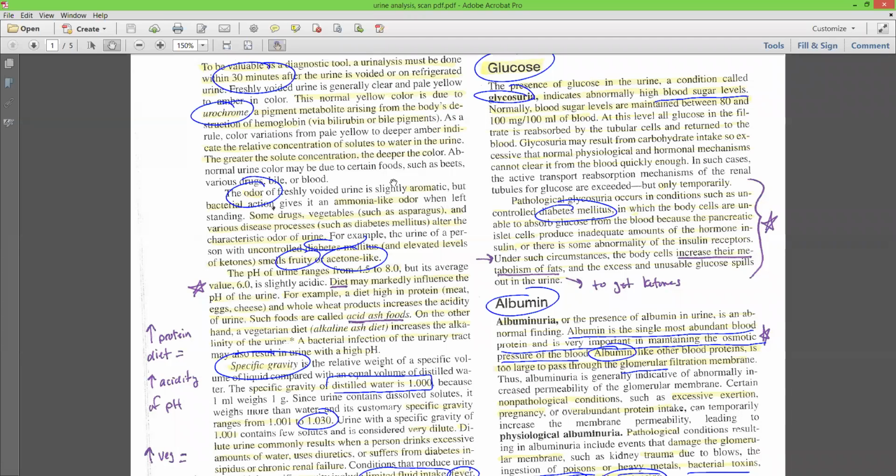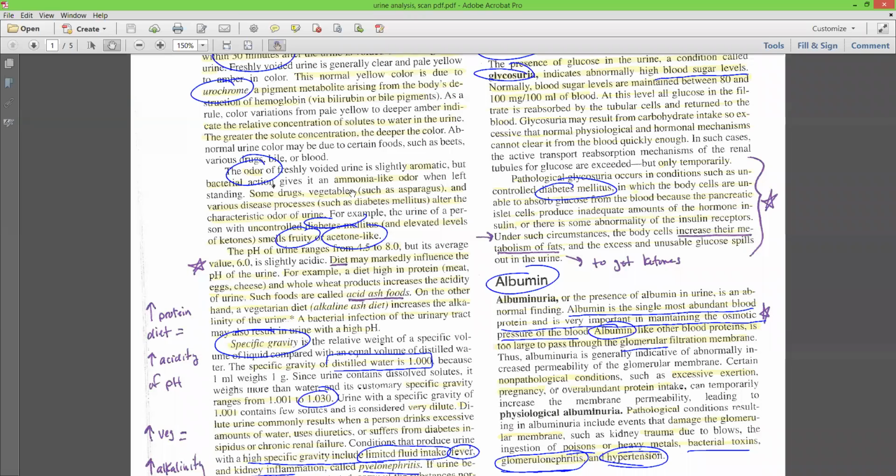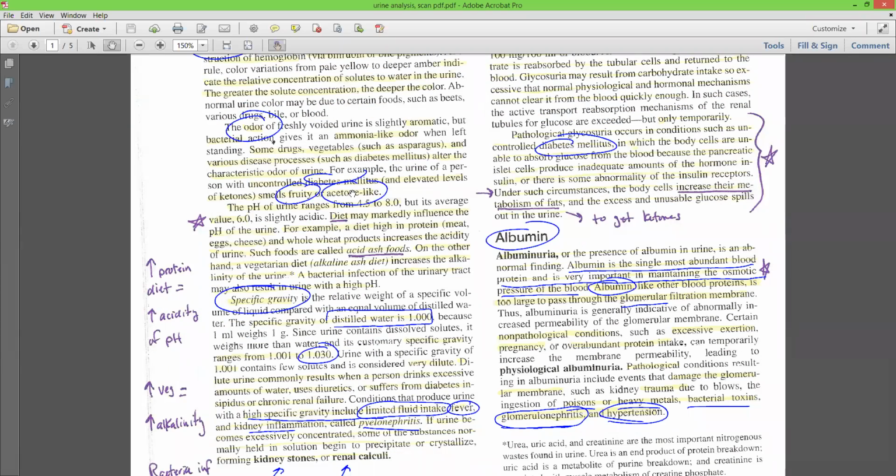So urine does have an aromatic, ammonia-like odor, but when there's an infection or there's some sort of disease process going on, the smell is more foul. Oftentimes, that's also accompanied by cloudiness. The appearance is very cloudy. Okay, diabetics can have a fruity smell, and that's because of ketones. So an elevated level of ketones in the urine can give it a fruity smell.